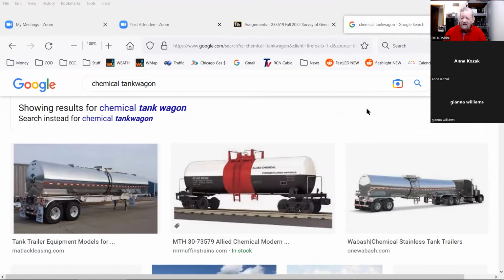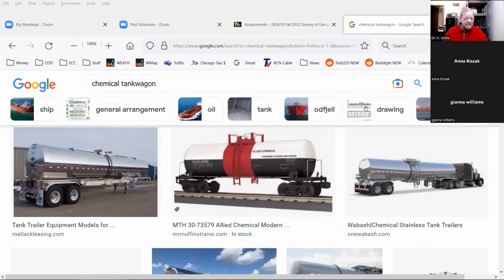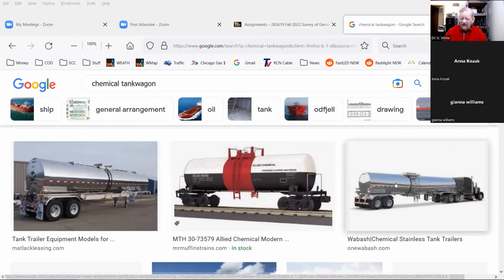All right, everybody see on your screen, right here, where it says Wabash Chemical Stainless Steel Tank. All right, those are called tank wagons, from the old days when they used to put a tank on the back of a wagon pulled by horses. Obviously, we don't do that anymore, even though one company I worked at, there was a special celebration. This was in Germany. They actually had an old tank wagon that was pulled by horses for the celebration. It was quite exciting to see.